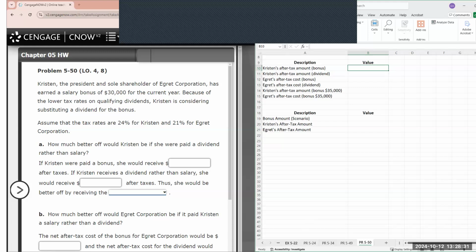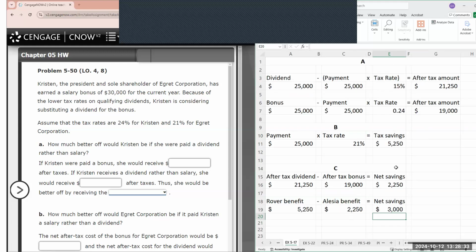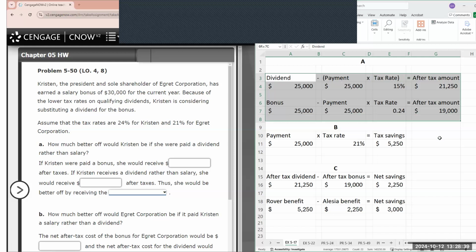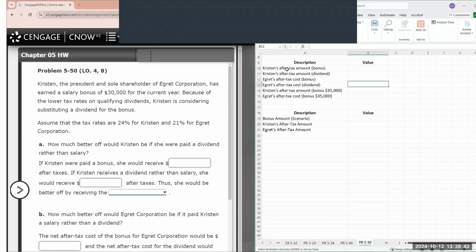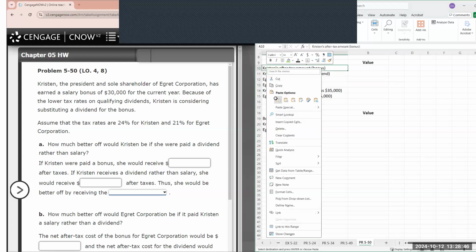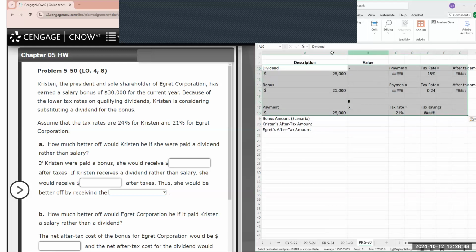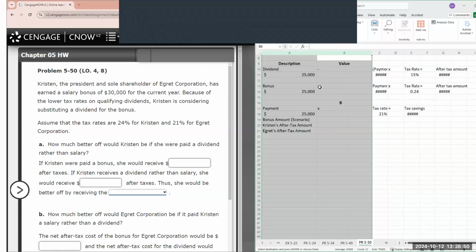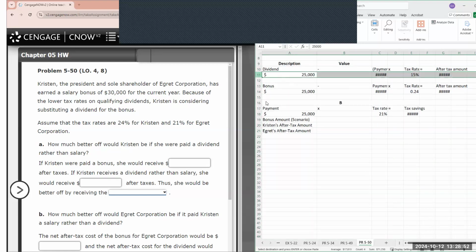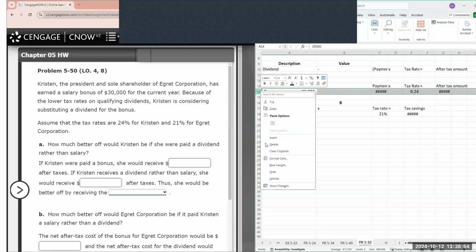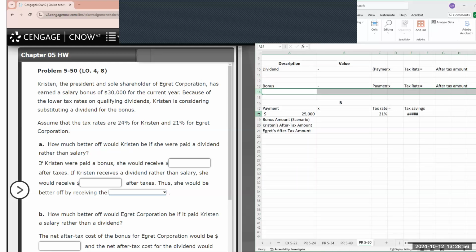I think the fact pattern from the previous problem was a bit easier. All right, so I think I'll copy this over. Yeah, so we'll use this, clear content.